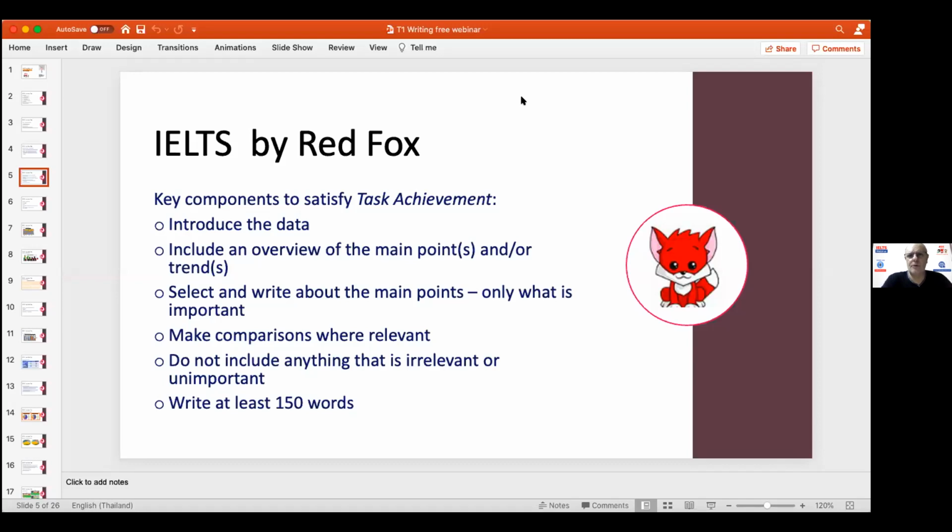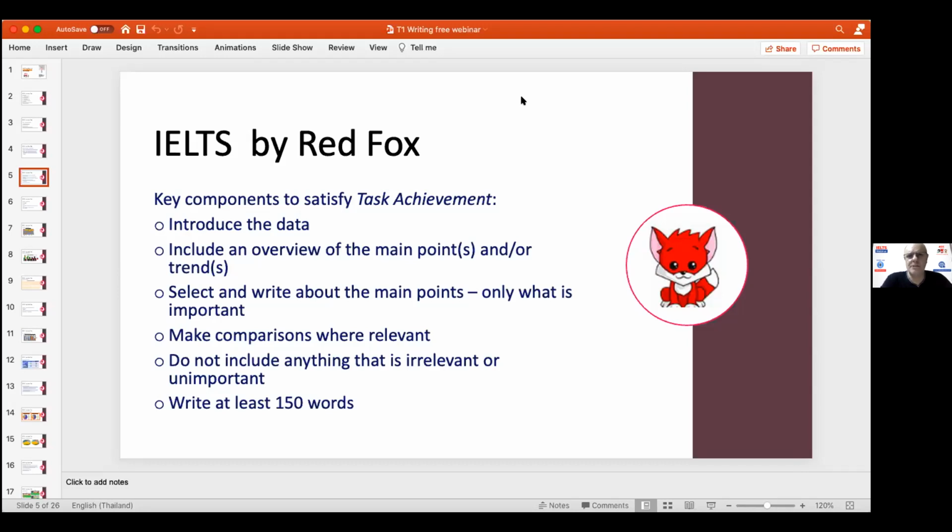Now, this means both transitions from paragraph to paragraph and from sentence to sentence, and connecting clauses within your sentences. It also includes avoiding repetition in your language, which is why we need to learn a lot of stuff to correctly answer task 1 with a high score.